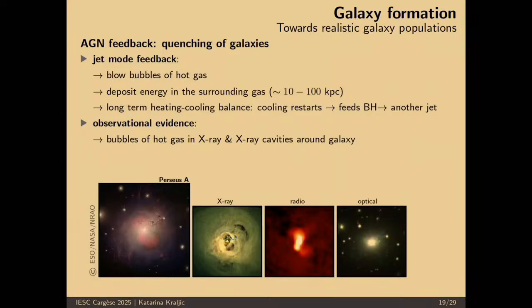So why are we introducing this AGN feedback? We need to quench massive galaxies. We need to quench the star formation in them, but then we also want to transform them into elliptical galaxies, okay? So how does this work?